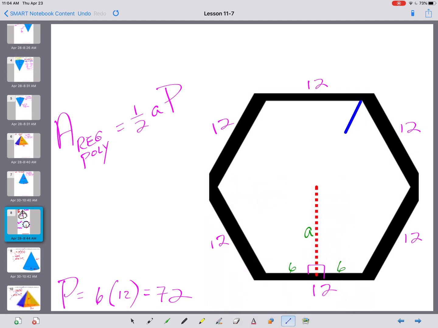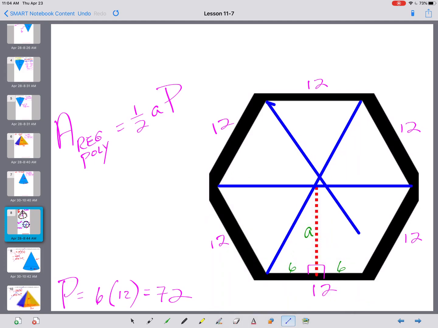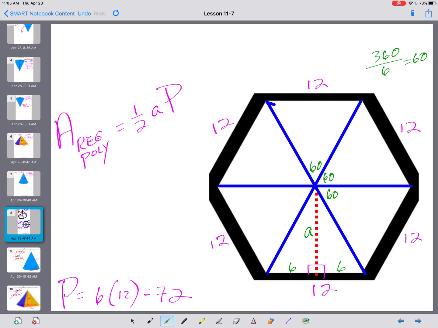Let's do it again. There we go. Nice, nice. There it is. Okay, central angles. Let's figure it out. Hey, we got a circle in the center. That's 360. Break it up into 6 equal parts. Each one is 60. There it is. 60, 60, 60, 60.